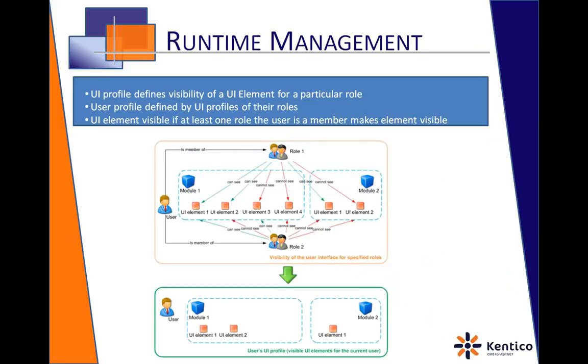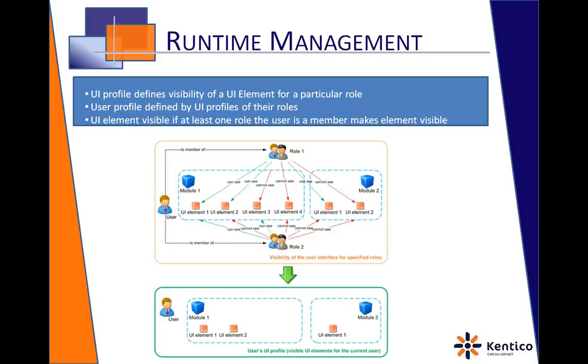At runtime, a composite is created of all the roles a user belongs to, and this is called a UI profile. If at least one role the user belongs to makes the element visible, then it's actually displayed. So for example, you can see in the picture here, we have a user that's a member of role 1 and 2.